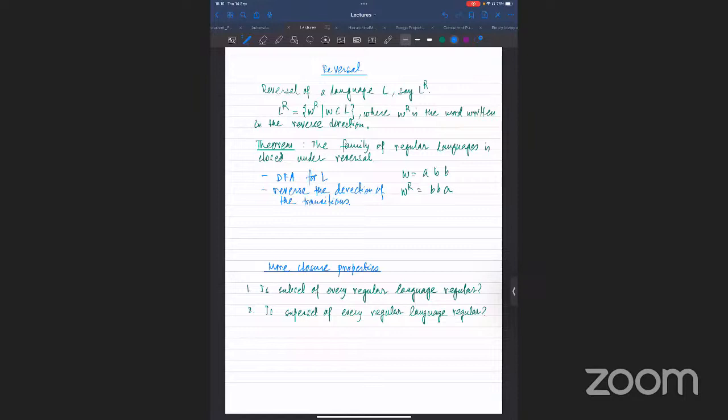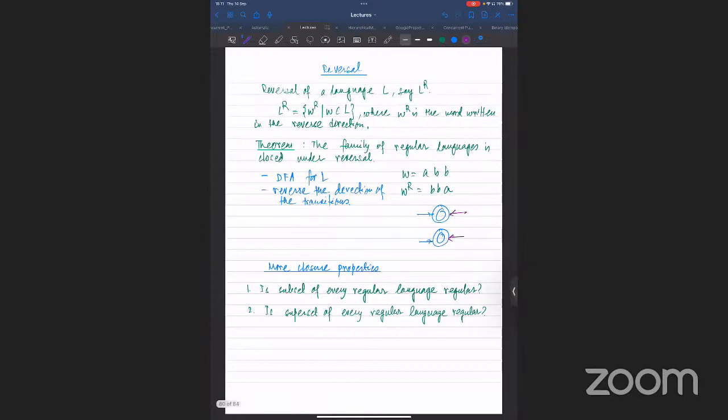Suppose what you are saying is that you are taking a disjoint union. Suppose you have final states like this. These were your final states, and then you are saying make them initial now, and then take the union. Will that work?